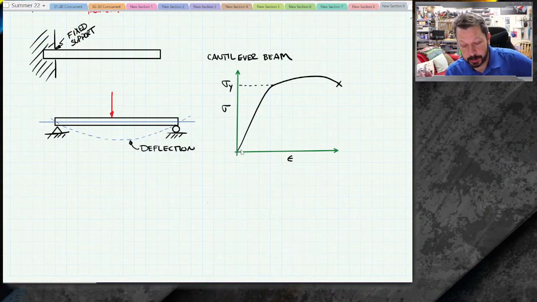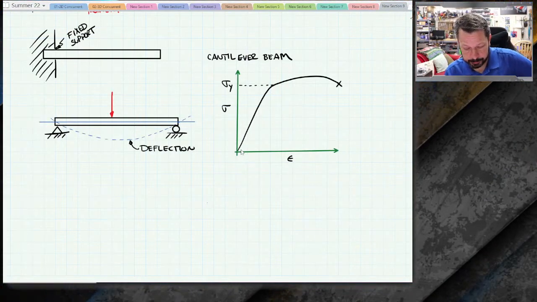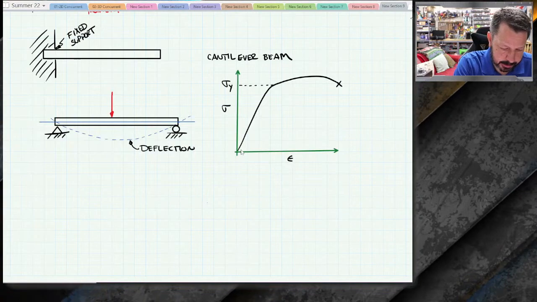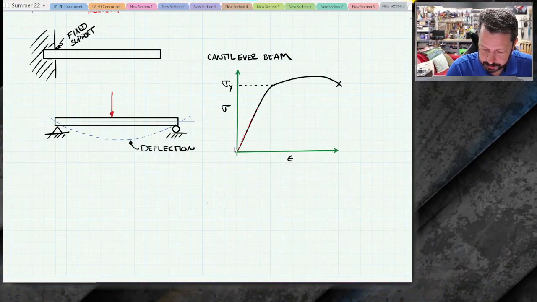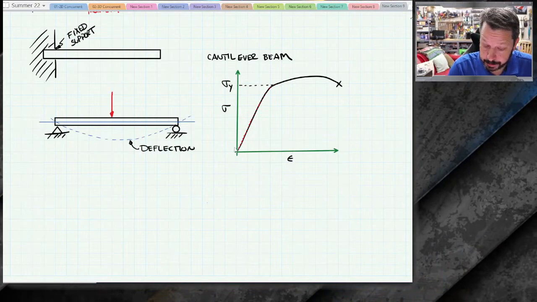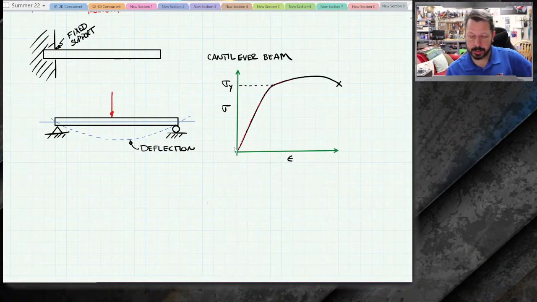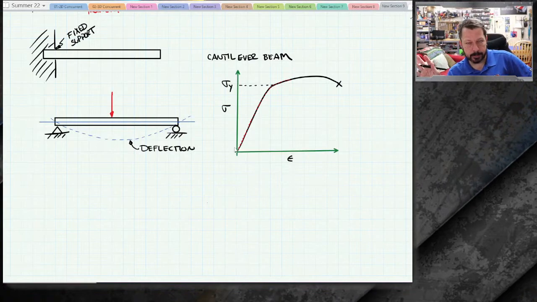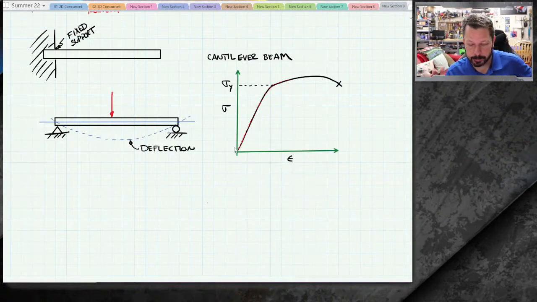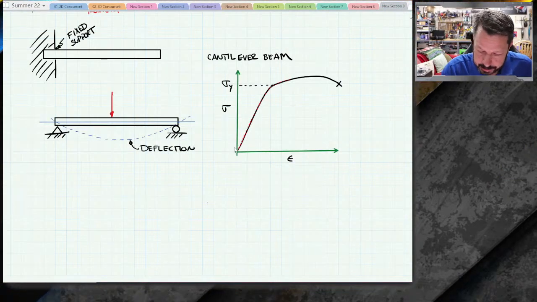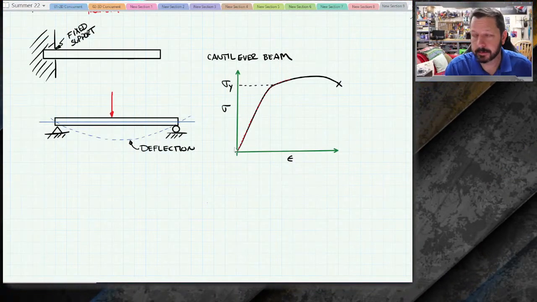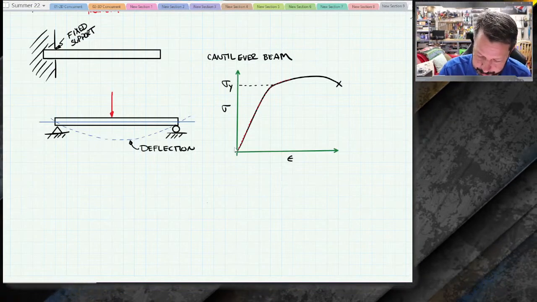If I get so much stress in this beam, as I load it up, let's say it follows this path, loading it, but I keep loading it, go past the yield strength, and I'm up here somewhere. I didn't get to the fracture point, so it didn't break, and then I remove the load. When it returns to zero stress, it doesn't go back down this graph that we drew. It goes back this way.